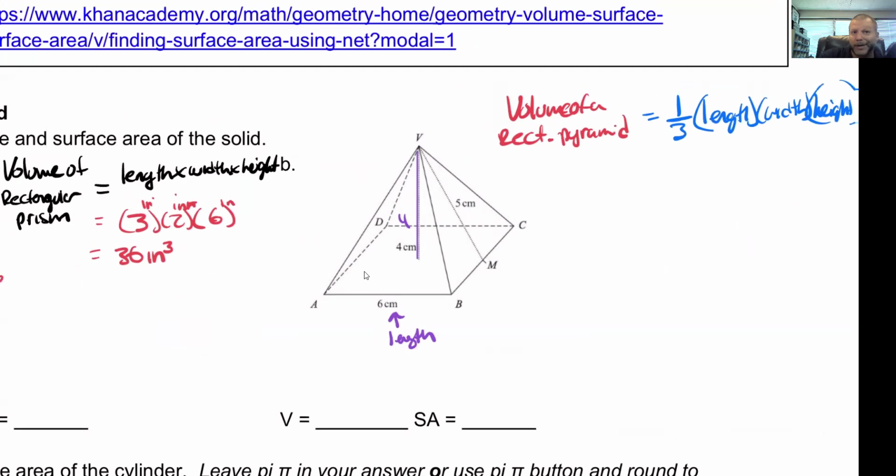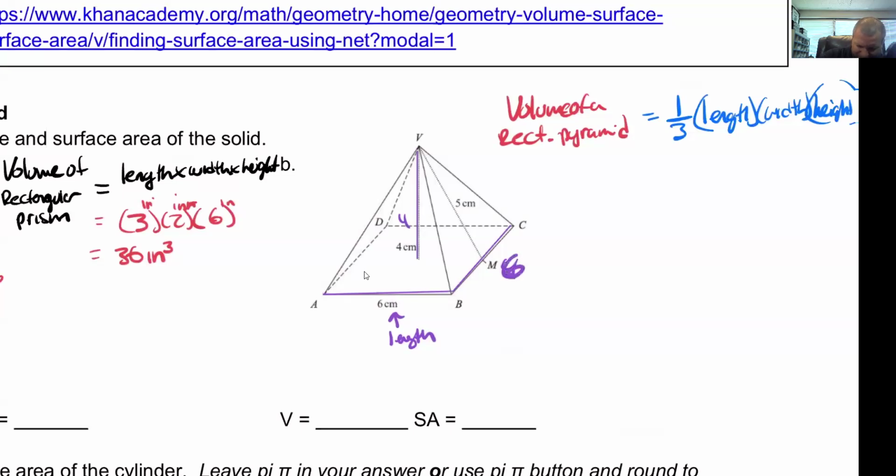It's going to be, but I don't know that you're supposed to assume that. Without that, you'd have to do some Pythagorean theorem, and this has not been done as a Pythagorean theorem question yet. So let's just assume that this is a square base, because I guess that's what they want you to say, right?